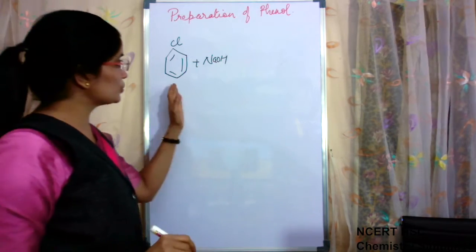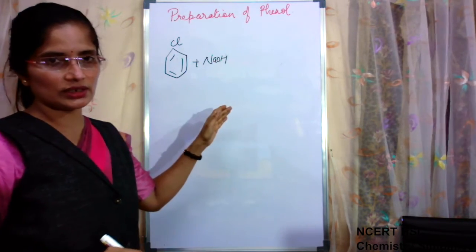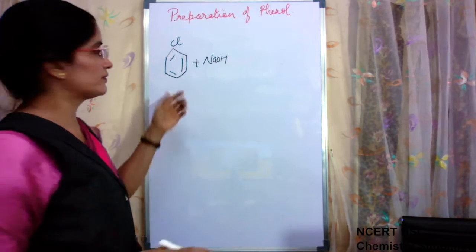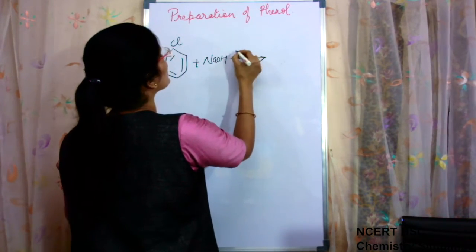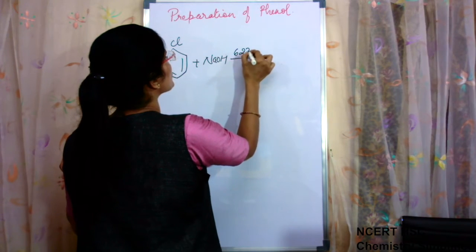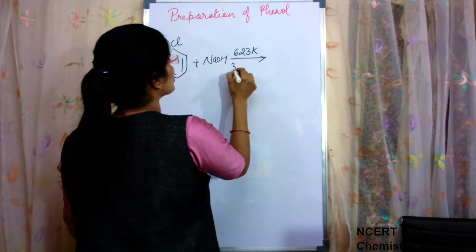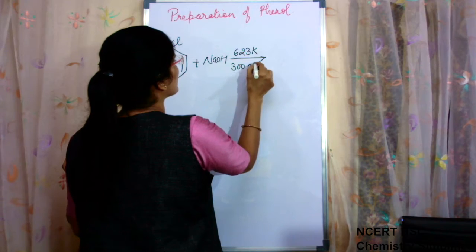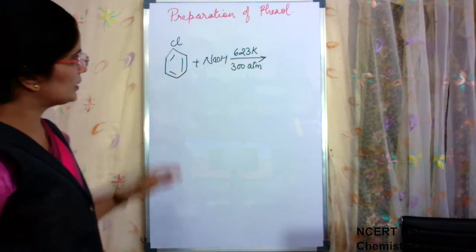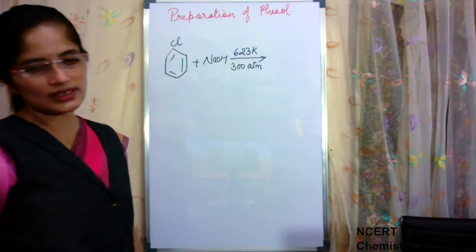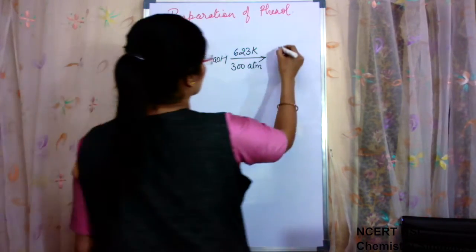This is a nucleophilic substitution reaction which is generally not given by haloarenes, but here we are carrying it out under drastic conditions, 623 Kelvin temperature and 300 times atmospheric pressure. Then the nucleophilic substitution is possible.